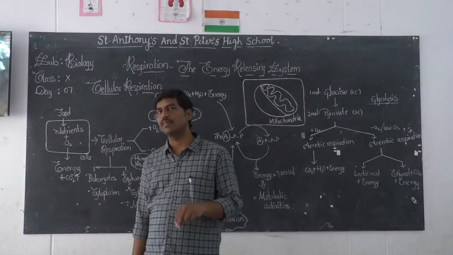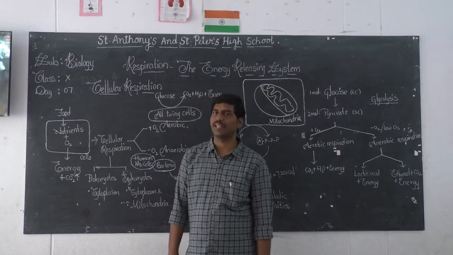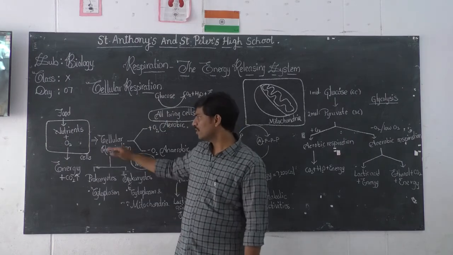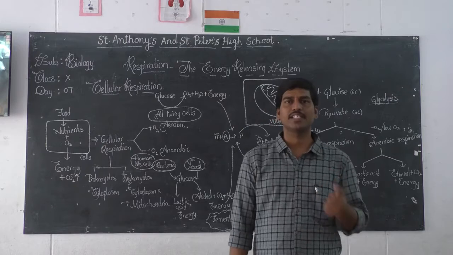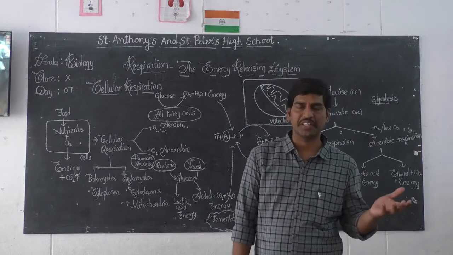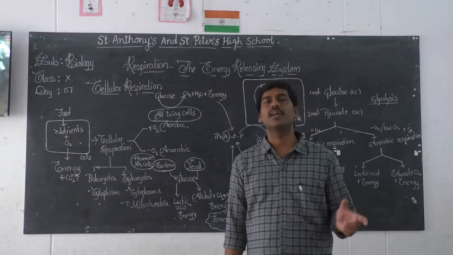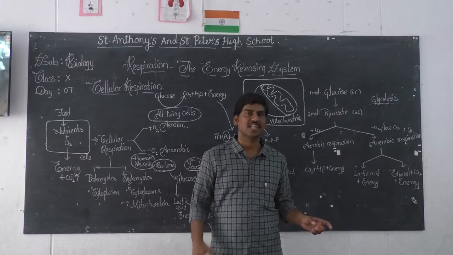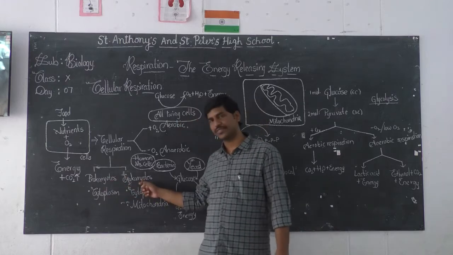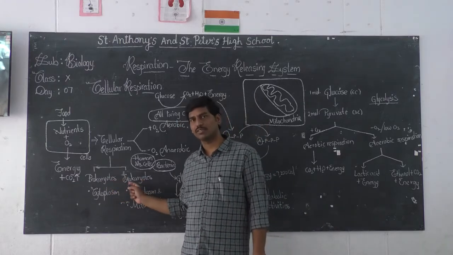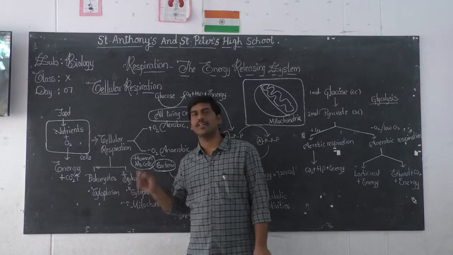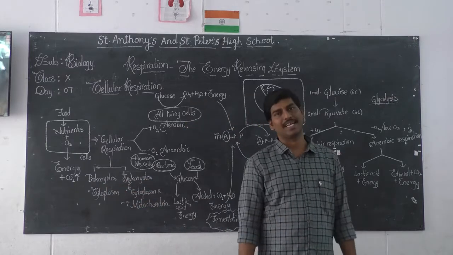Now let us see where this cellular respiration takes place. As I already told you, respiration commonly takes place in both prokaryotes and eukaryotes, that means in all organisms. I hope you have studied the terminology of prokaryote and eukaryote in your 9th class.